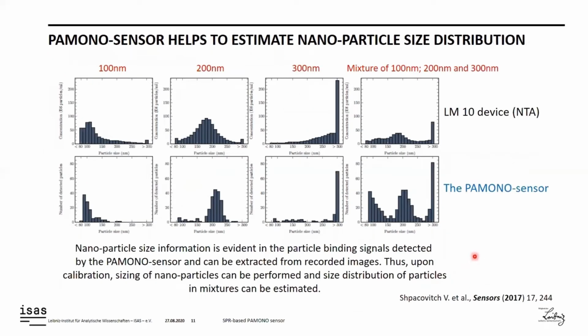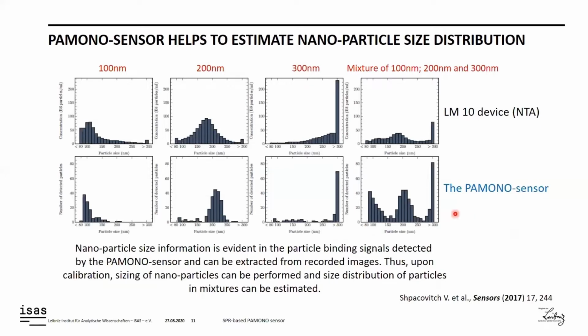We also demonstrated the ability of the PAMONO-sensor to size nanoparticles which exist in a sample. We compared this ability of the PAMONO-sensor with a commercially developed LM10 device based on the principle of nanoparticle tracking analysis.